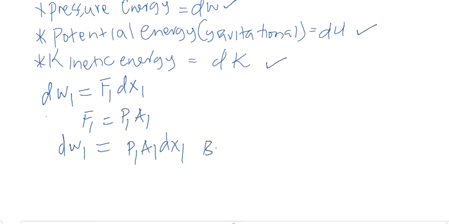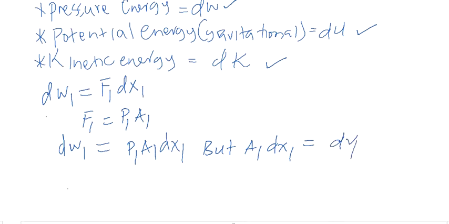But looking at this expression, A1 dx1 is equal to the volume of that small mass at point 1, which is dV1.